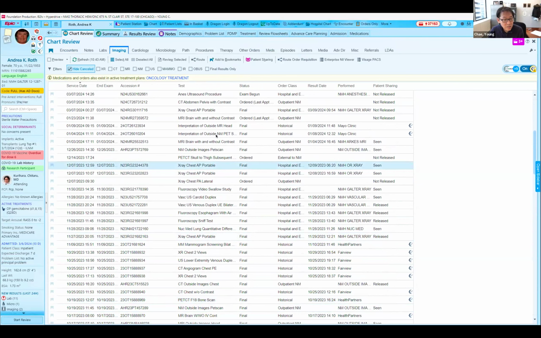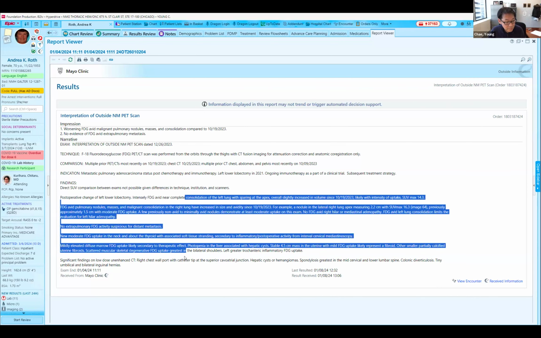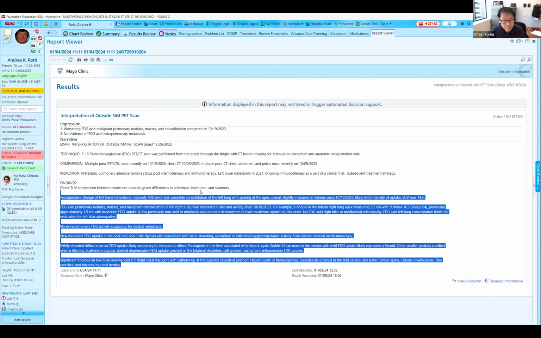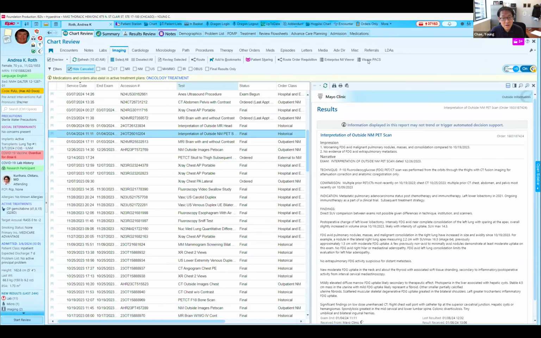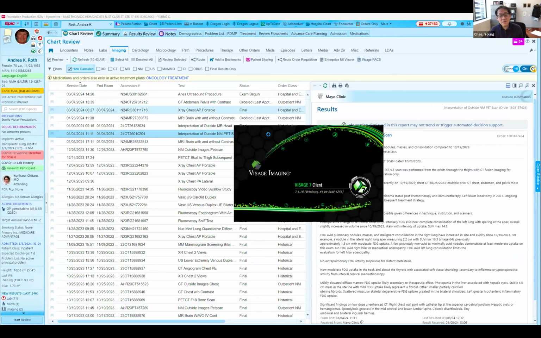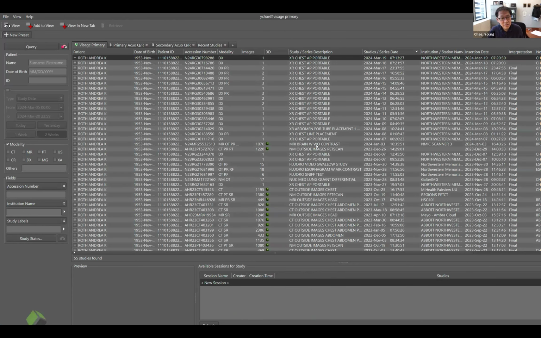Oh, what is it? Interpretation of outside PET, dated December. They don't mention pleural activity. Let's see. So if it was seen by PET, we could have biopsied it, but nothing showed there. So in retrospect.